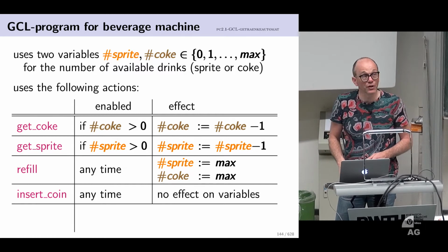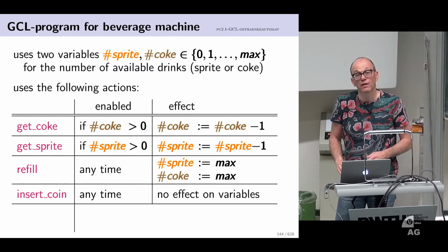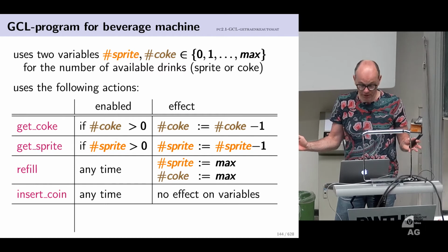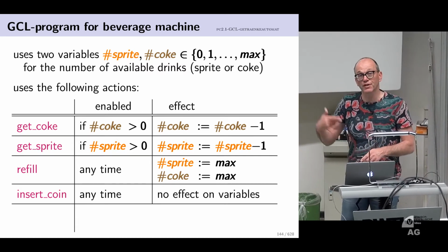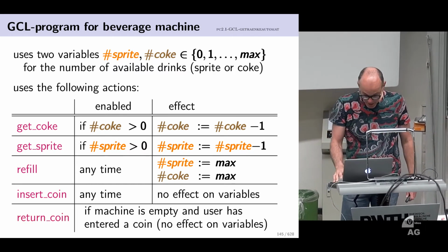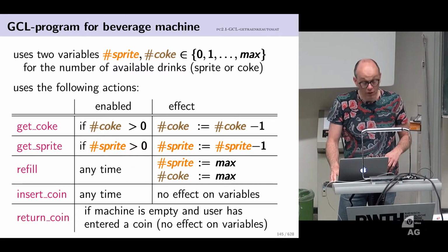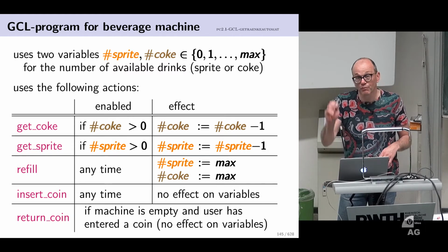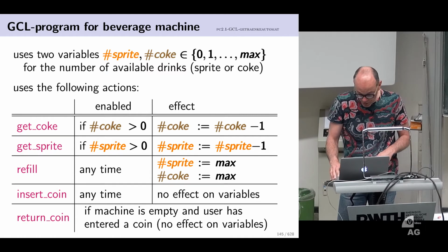When can you insert a coin? That's always possible. Inserting a coin does not yet have an effect on the variables, because you first have to indicate whether you want to get Coke or Sprite. And then you can return your coin, so it's a fair machine. If the machine is empty and you insert a coin, then you get back your coin, and this has no effect on the variables.